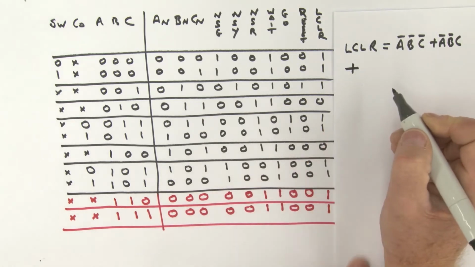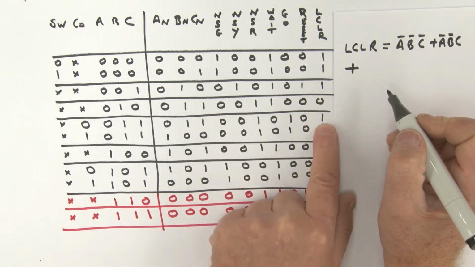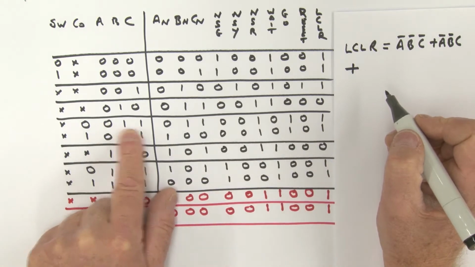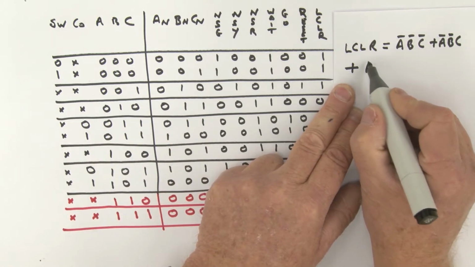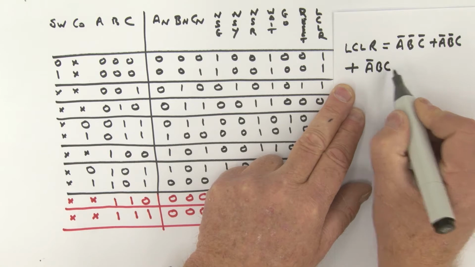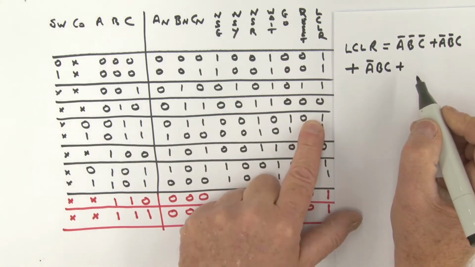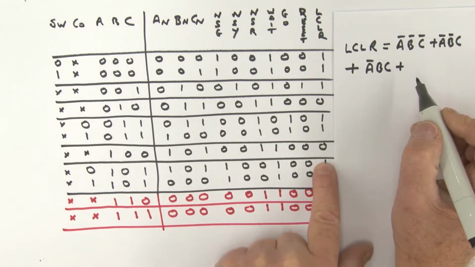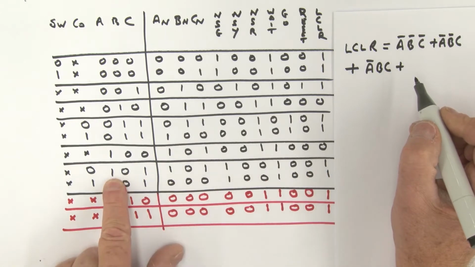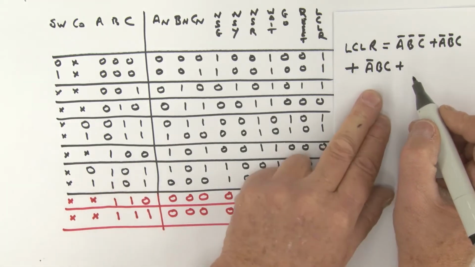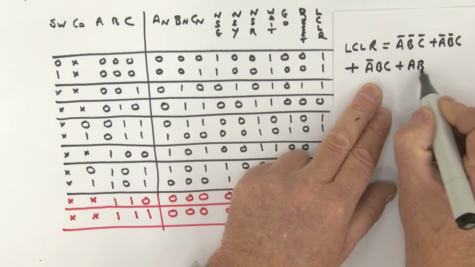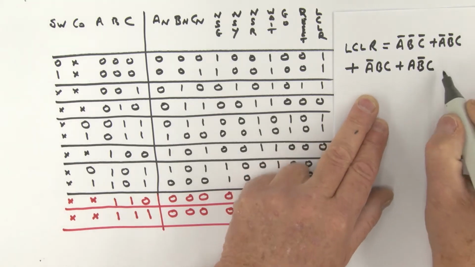Or, where else? It is true in that state, which is the A bar BC state. Or, it's true in that state, isn't it? Yes, read that off. That's A B bar C. So that's A B bar C state.